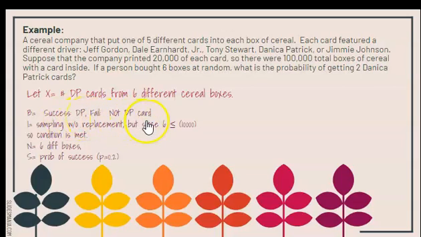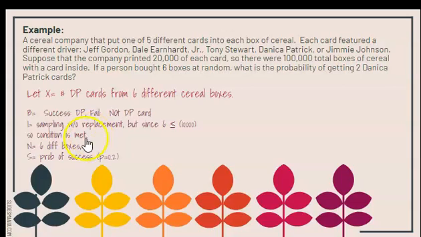A fail is anything else. Independence: well, I'm sampling without replacement, so this could be an issue. But let's look at our sample size. It's only 6, which is less than 1/10 of 100,000, which is 10,000. 6 is definitely less than that. Since it's such a small number, it's not going to affect our probability. So this condition is acceptable. It's met.